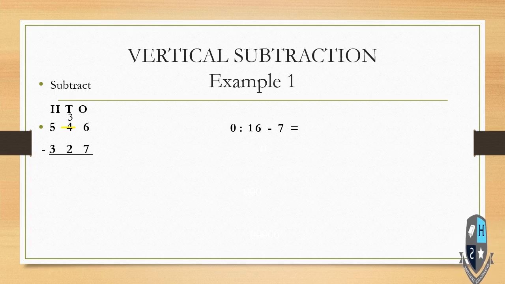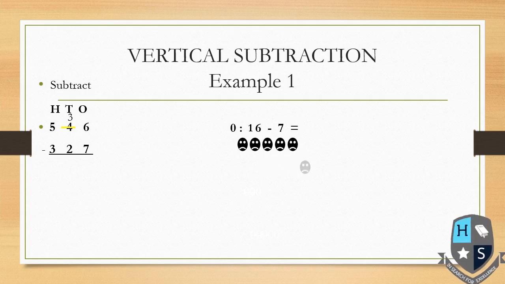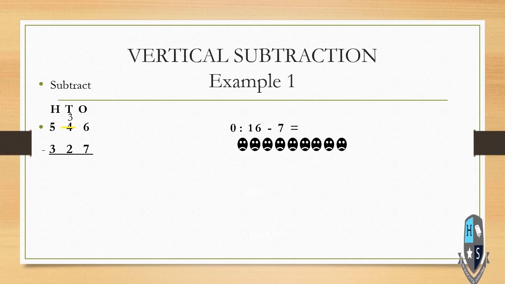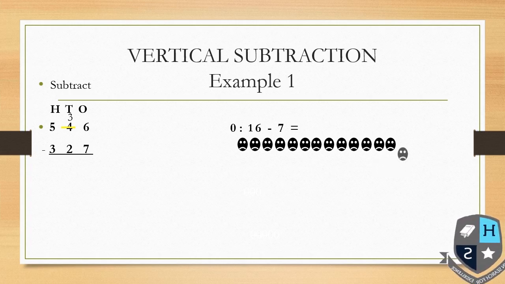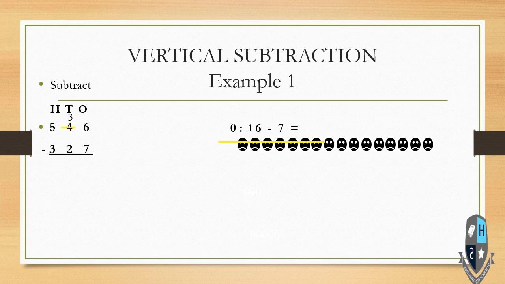Let's count 16 balls. 1, 2, 3, 4, 5, 6, 7, 8, 9, 10, 11, 12, 13, 14, 15, 16. After counting 16 balls, remember that our sign there is take away, so we should take away 7 balls.